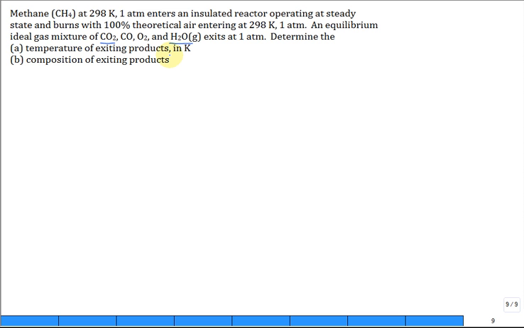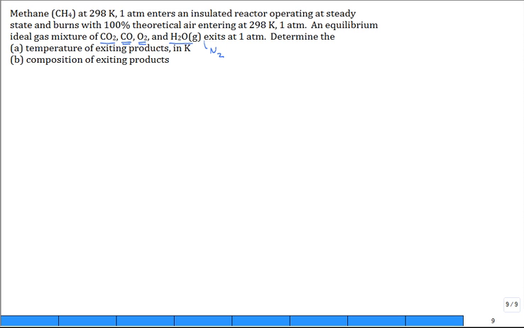I left out nitrogen. Nitrogen goes for the ride with the air, doesn't it? But they have CO, like uncombusted carbon with the methane, as well as unused oxygen. So those are the unused parts, or the dissociated parts of CO2. Okay. Determine the temperature of the exiting products.